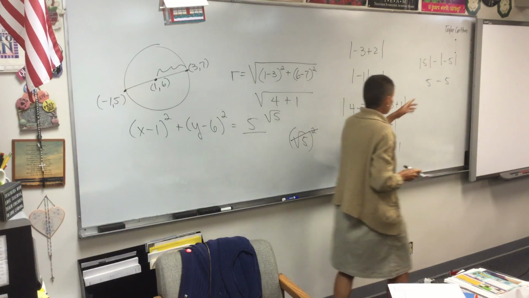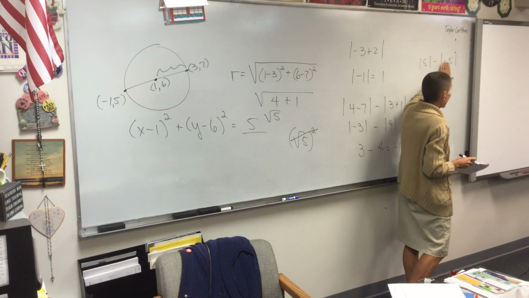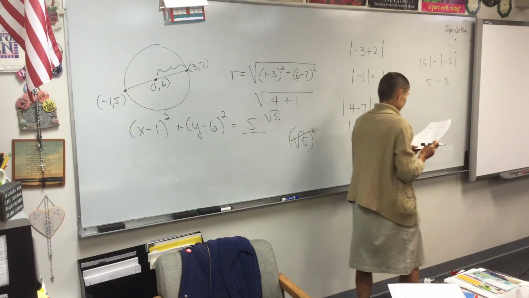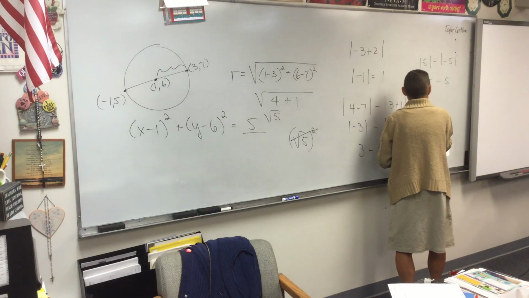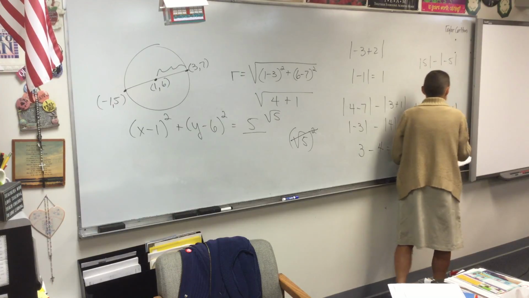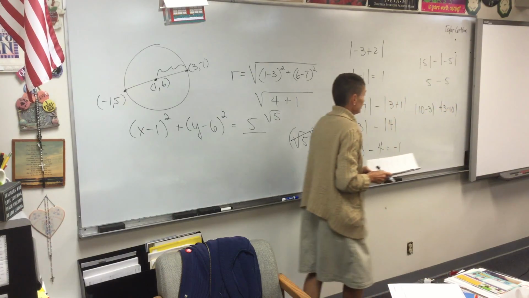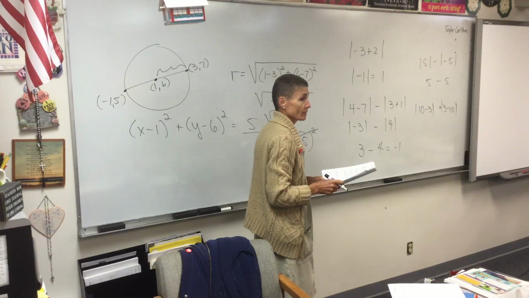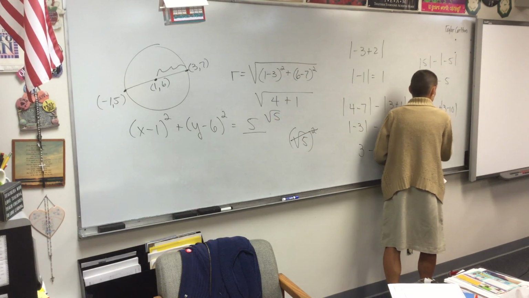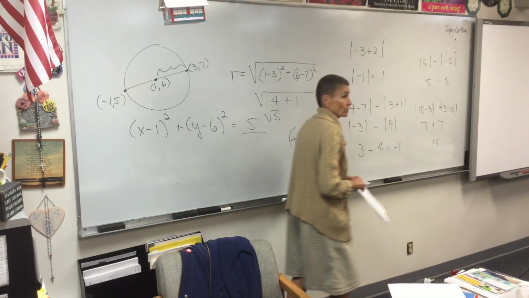You can't cancel these negatives because that one disappears because of the absolute value. All right, here we go. How about that one? That is 7 plus 7 or 14.